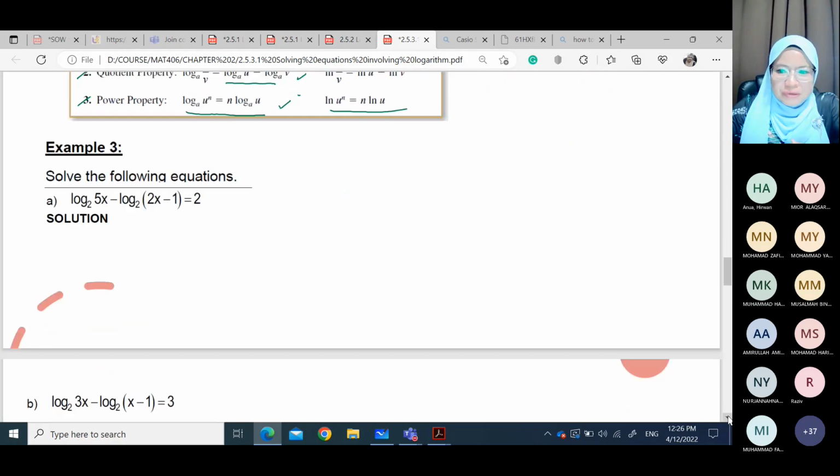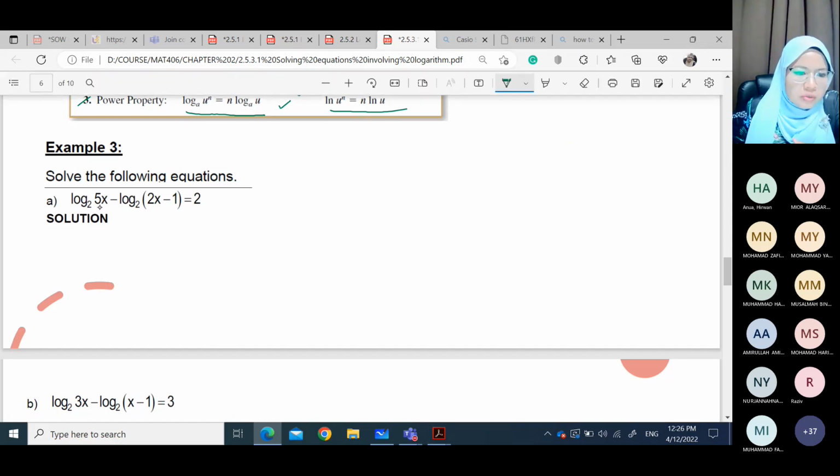Alright, so kita tengok ni example 3. Solve the following equation. Log base 2 of 5x minus log base 2 of 2x minus 1 equal to 2. Okay. Right, so yang ini second. Yang kita akan dapat log 2. Use the properties.